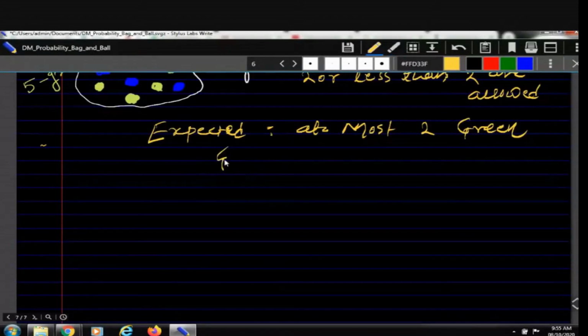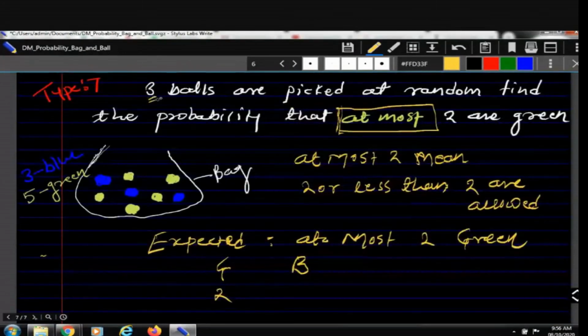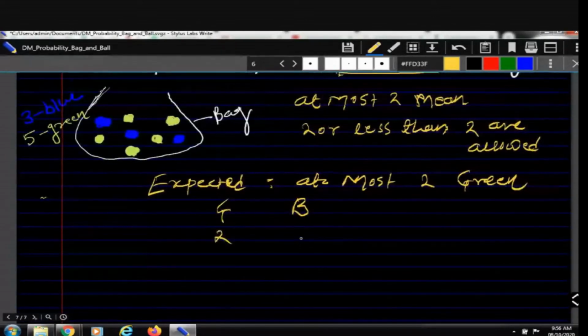This is green and this is blue. At most two. Let us start from two. So two green. You have to select three balls in total. In the problem, they have said that three balls are picked. So if you are selecting two green, then ultimately you will have to select one blue.